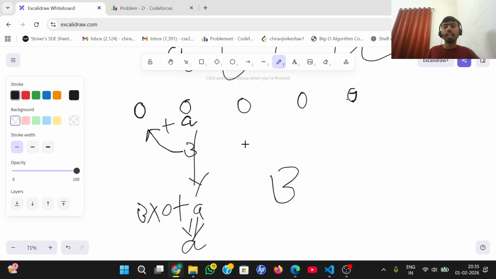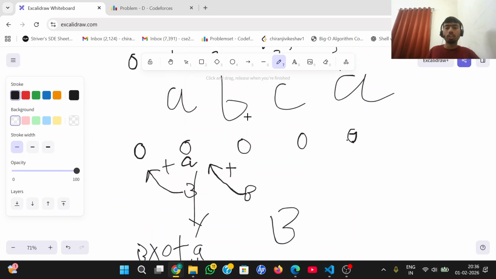Now, the next time, we again take B, we multiply with the previous hash value plus the character value of that position, which is B. Again, B here is not a character, it is the representation of the character value, like b is equal to 1. You can take b equal to 1 because here all the letters are lowercase alphabets. So a is equal to 0, b is equal to 1, c is equal to 2, and similarly d and e.